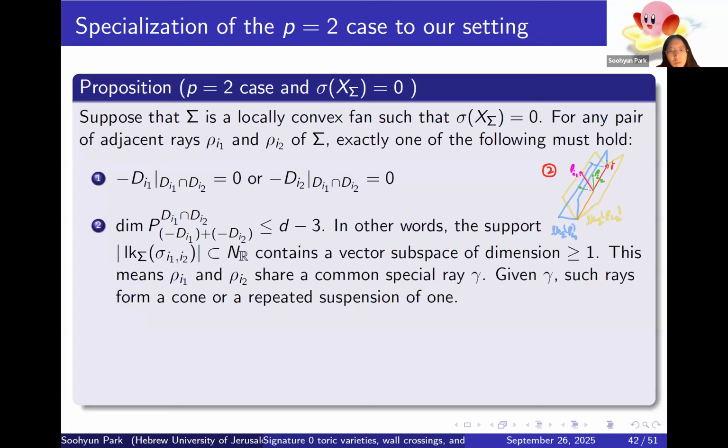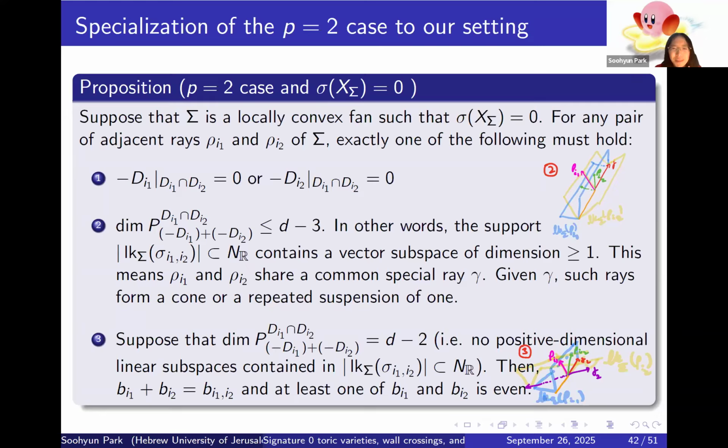We note that the collection of rays that can be associated to a particular special ray are pretty special, so they're cone-like, or just a bunch of suspensions. We know that in this particular case, the parity of the exponents doesn't actually matter. If this happens, then all the top degree, namely degree d minus 2, monomials in these two conormal bundle restrictions actually end up vanishing.